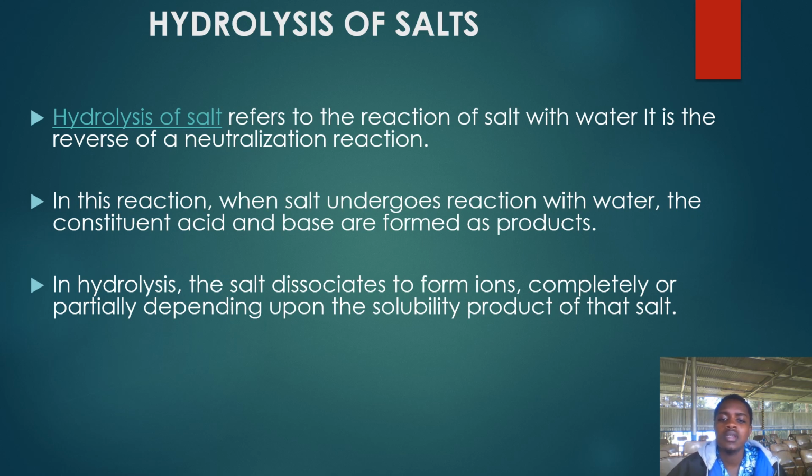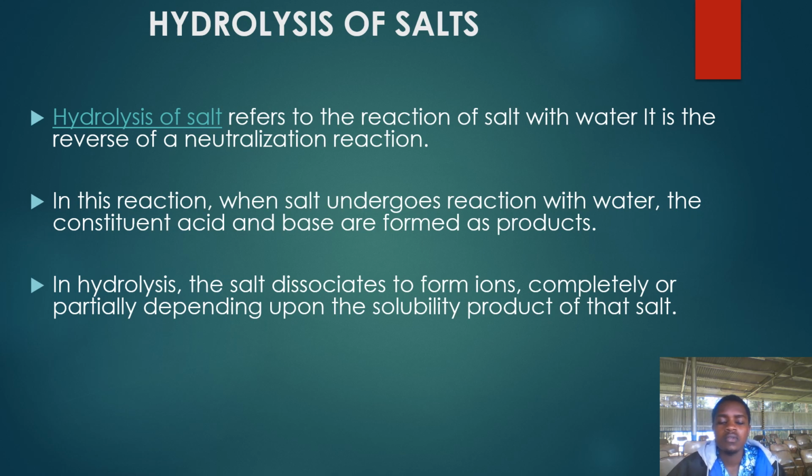A salt that is derived from the reaction of a strong acid with a strong base forms a solution that has a pH of 7. An example is sodium chloride formed from the neutralization of HCl by sodium hydroxide.